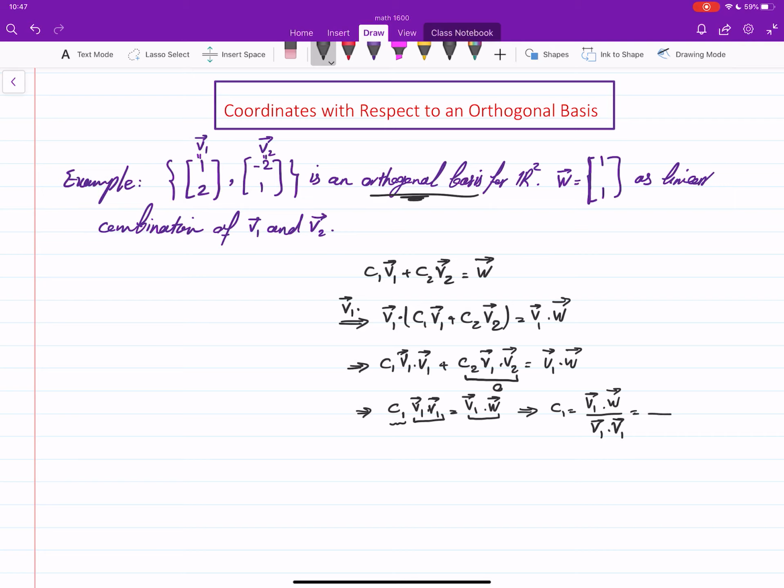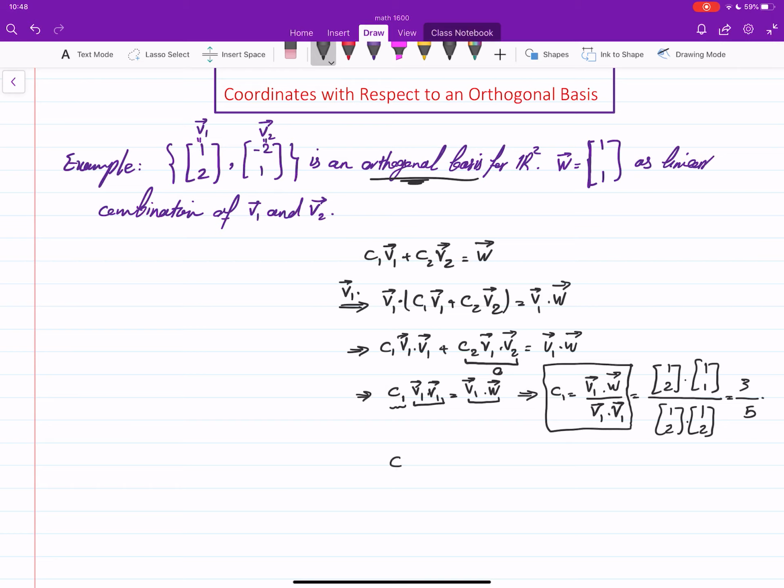In this case, this means the dot product of (1, 2) and (1, 1), and here (1, 2) dot (1, 2), which will give us 3 over 5. You see, I'm not solving any system. I'm just taking this formula, and then C1 is given. You can do a similar computation and find C2, which is equal to V2 dot W over V2 dot V2, and that is equal to what?